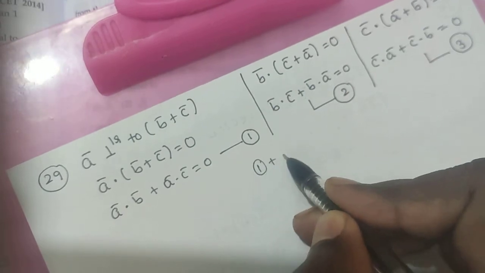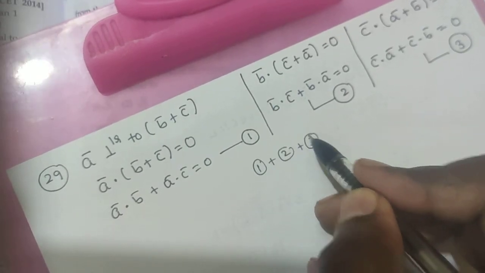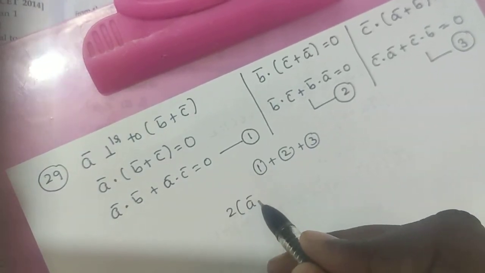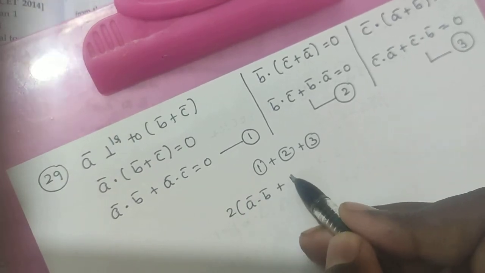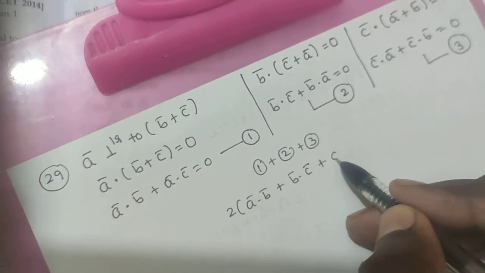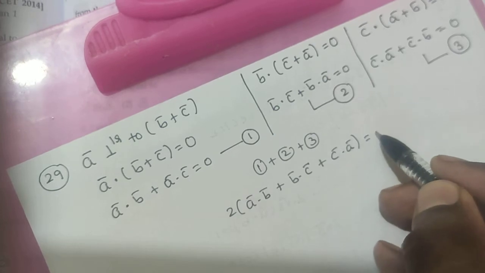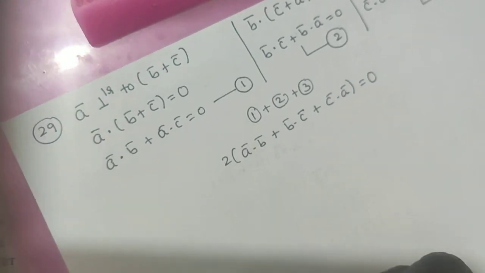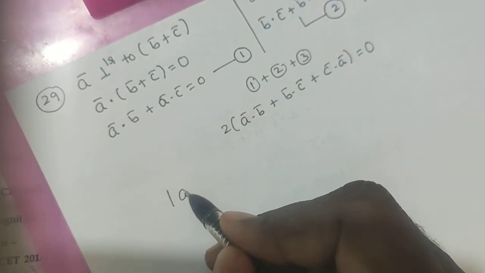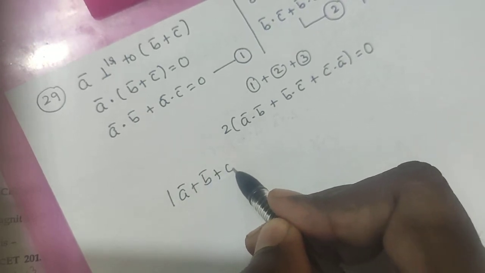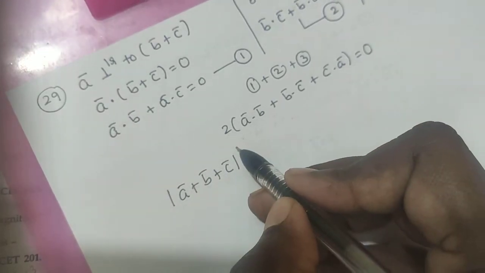Now adding these 3 equations, a bar dot b bar appears 2 times, b bar dot c bar also appears 2 times, c bar dot a bar also appears 2 times, and that equals 0. But in the question we need to find the modulus of a bar plus b bar plus c bar. First I am finding the whole square.